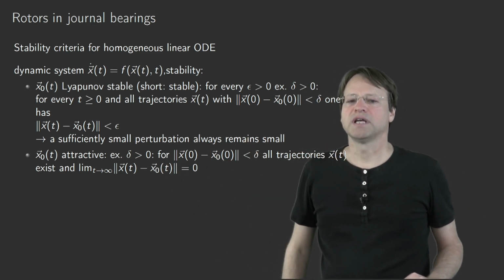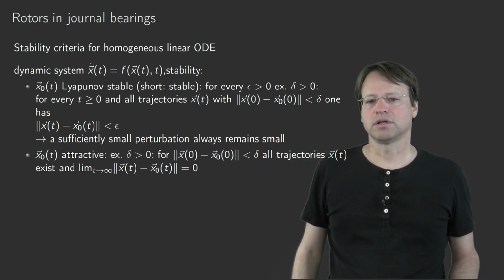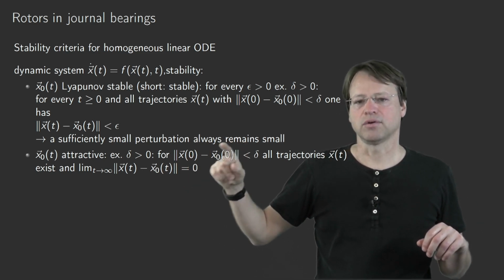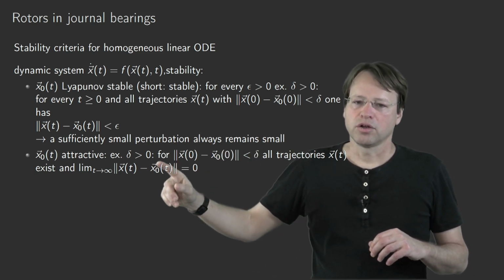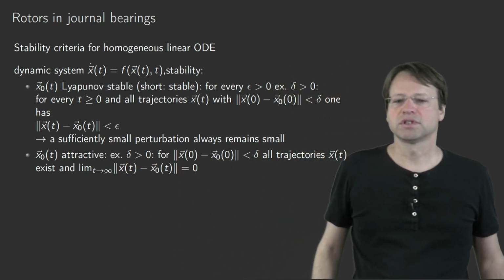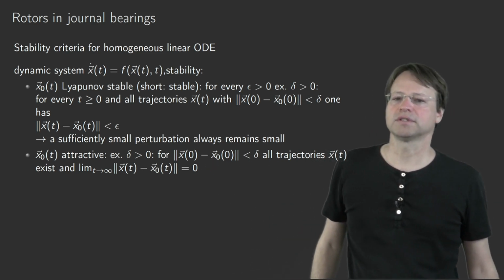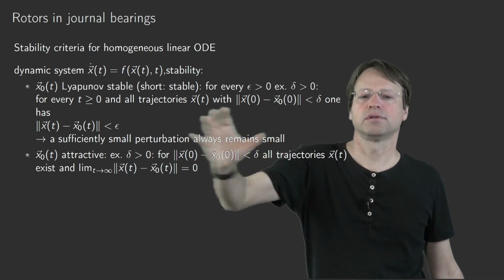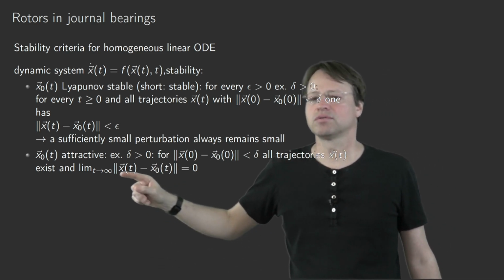For a solution to be attractive, these neighboring trajectories that emerge from neighboring initial conditions, their difference converges to 0 if you consider t to infinity. So this attractivity is an asymptotic result. Stability is a result along the whole trajectory, this tube, while attractiveness is something that refers to the asymptotics.